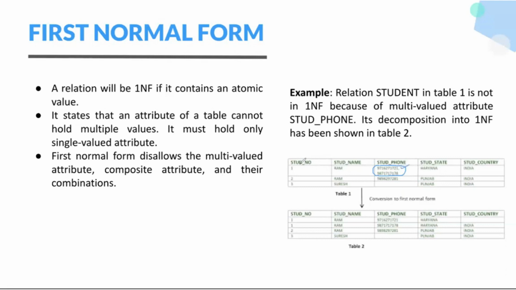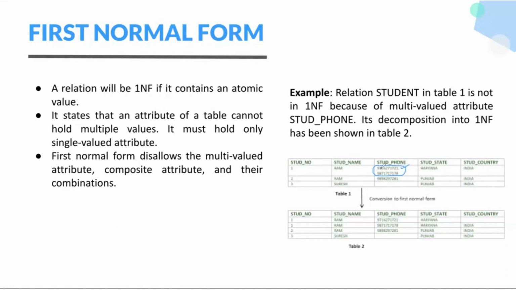If we want to convert this table to first normal form, what we do is repeat the rest of the entries, that is one, Ram, Haryana, and India, just with a different phone number.